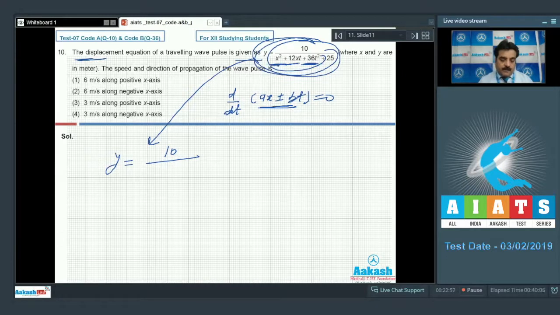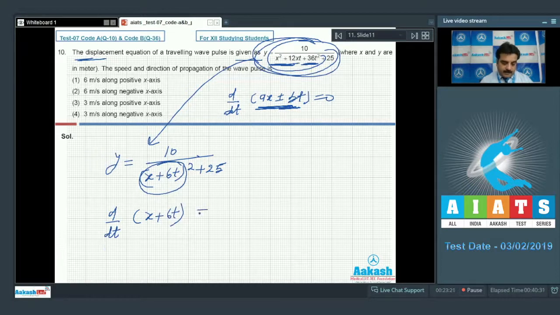So when you concentrate on this expression, x square plus 12xt plus 36t square plus 25, I can write x plus 6t with whole square plus 25. So you will concentrate on this only. So I will write here d over dt of x plus 6t only, and that is equal to 0, right?